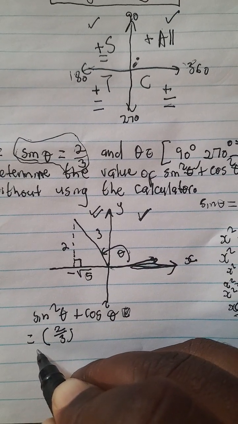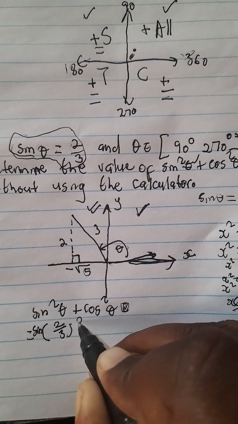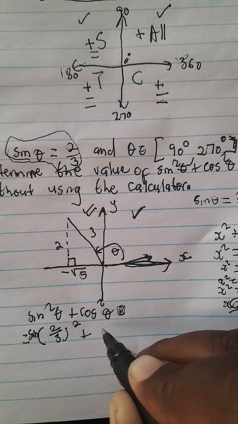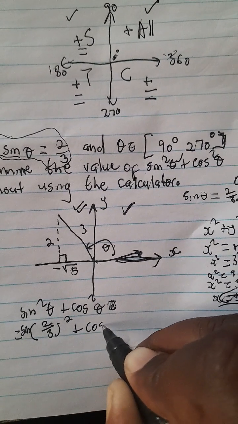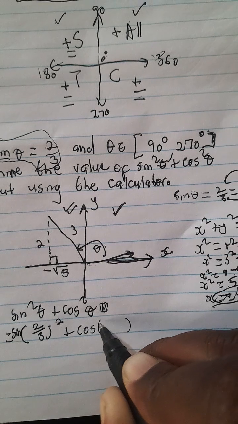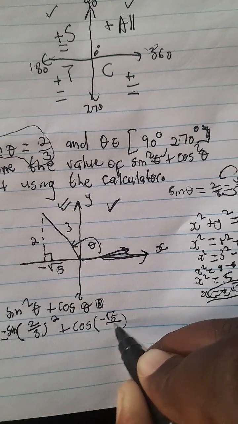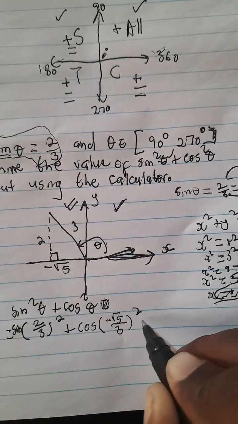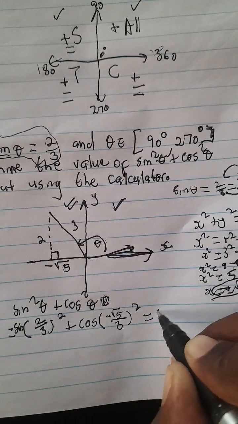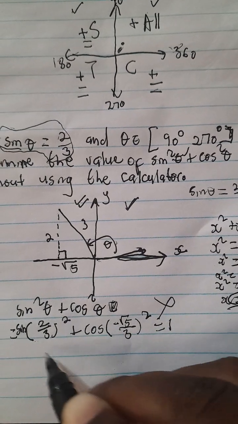Then they will put sine here, then squared, plus they will also say cos, then they put the value. We know that this is x over r, our x is negative root 5 over 3, then squared, then they say it is equal to 1. That is entirely wrong. This is wrong when you do it like this.